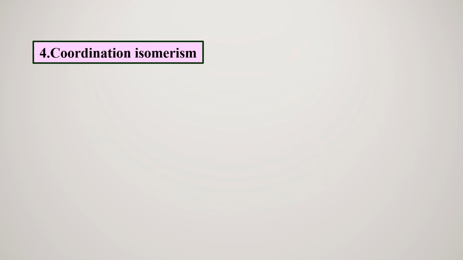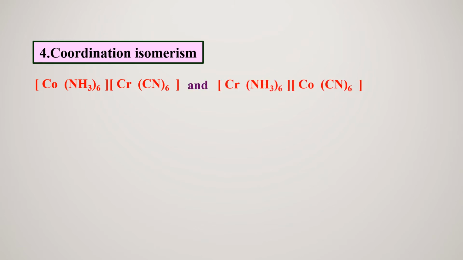Now go for the fourth one, coordination isomerism. See the first example, hexaamminecobalt hexacyanidochromium, and one more example, hexaamminechromium hexacyanidocobalt. If you see the example, it is like twins. Two coordination compounds, two spheres, are there.